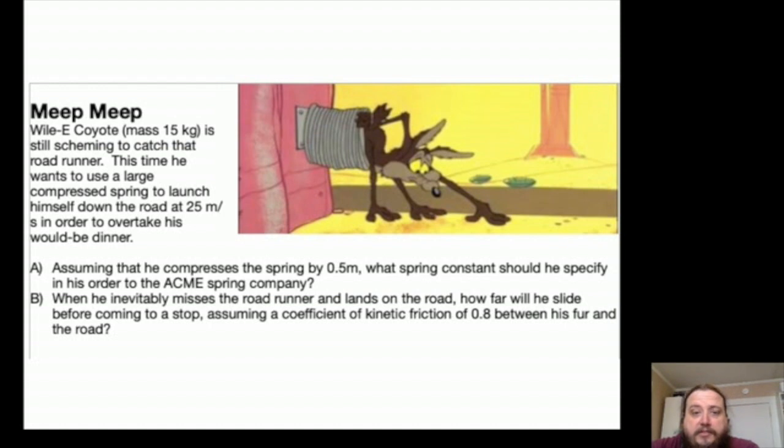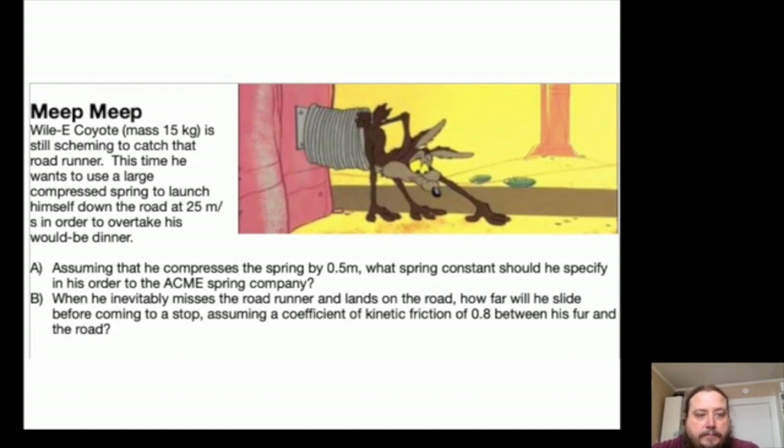Assuming that he compresses the spring by 0.5 meters, what spring constant should he specify in his order to the Acme Spring Company? And when he eventually misses the roadrunner and lands on the road, how far will he slide before coming to a stop, assuming a coefficient of kinetic friction of 0.8 between his fur and the road?